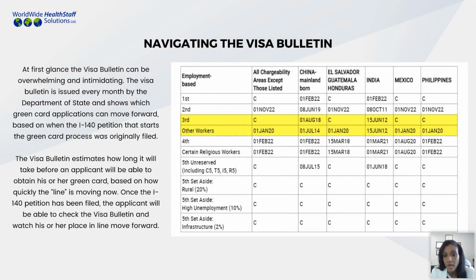You never know. So don't be disappointed or feel discouraged by this date, because this is not a firm date. It could fluctuate. It just depends on how many visas are available, and the NVC will push forward the dates for that particular category.